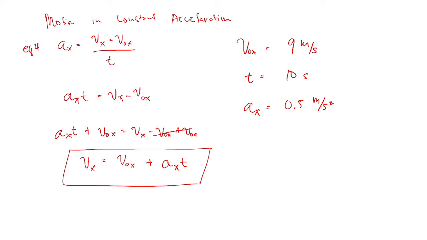Ibig sabihin, kada square seconds, bumibilis yung car mo by 0.5 meters.